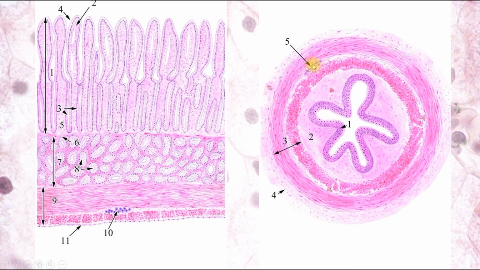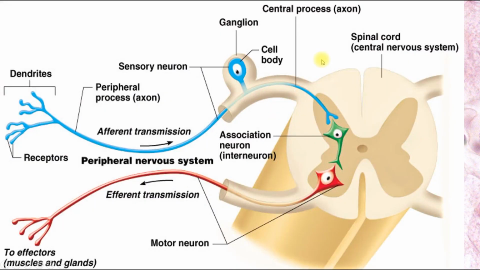Also autonomic ganglia send information to glands, so it's autonomic regulation of functions of inner organs, and those autonomic ganglia are involved in the autonomic reflex arcs. So here we can see how this reflex arc is working and it's the basis of functioning of the central and peripheral nervous system. And now let's look at the structure of nerves.